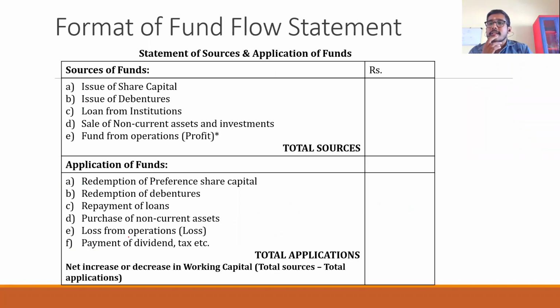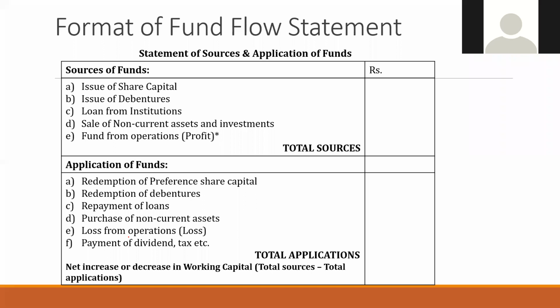This is our main topic, the fund flow statement. This is the format of the fund flow statement. Now let us see the items here: sources of funds and application of funds. What are the sources of funds? Issue of share capital, issue of debentures, loans from institutions, sale of non-current assets and investments, fund from operations.